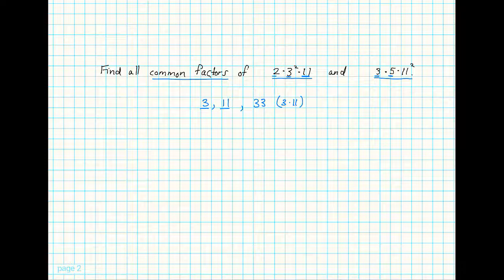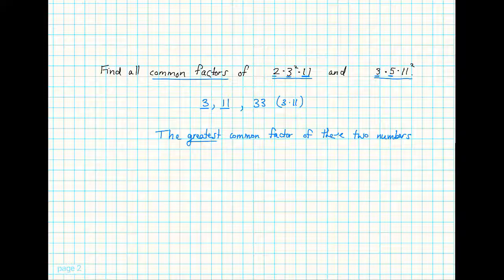Among these, the greatest common factor is 33. That's the number that is made up of all of the things that are in common between those 2 numbers.